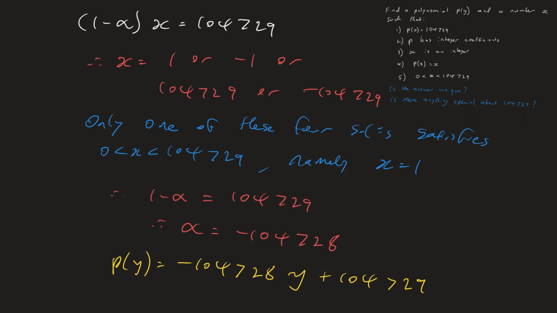Indeed, we've already argued that x has to equal 1, so if x is 1, then 1 minus alpha has to equal 104,729. Solving this is quite easy. We get alpha equals -104,728. So, subject to the additional assumption that p of y is a degree 1 polynomial, there's a unique solution. P of y has to be this polynomial here, and x has to equal 1.